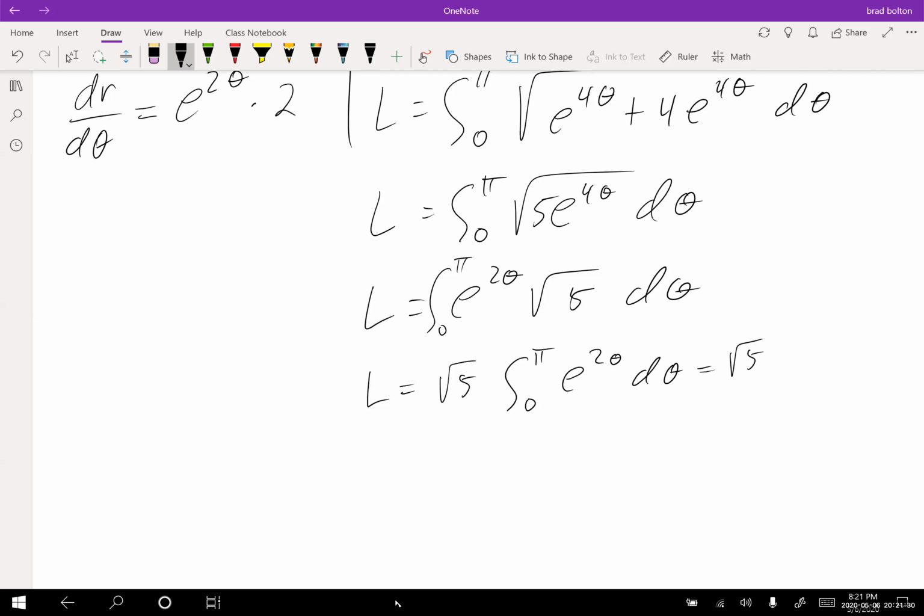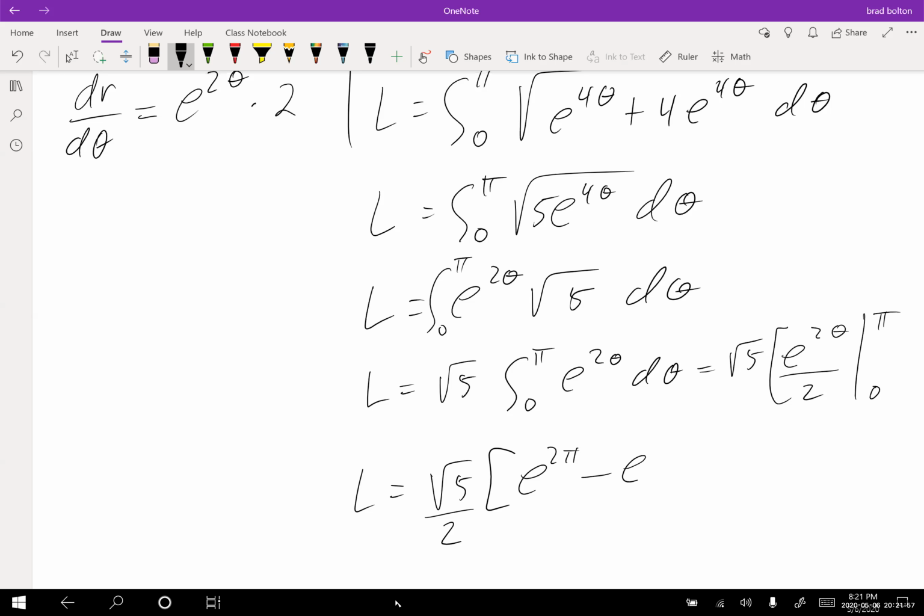Then we're just going to do a little u sub. So this will be e to the 2 theta over 2 from 0 to pi. Well, that's not so bad. Then L is equal to the square root of 5 times e to the 2 pi over 2. I could take the 2 out as well, so let's put this over 2: e to the 2 pi minus e to the 0.